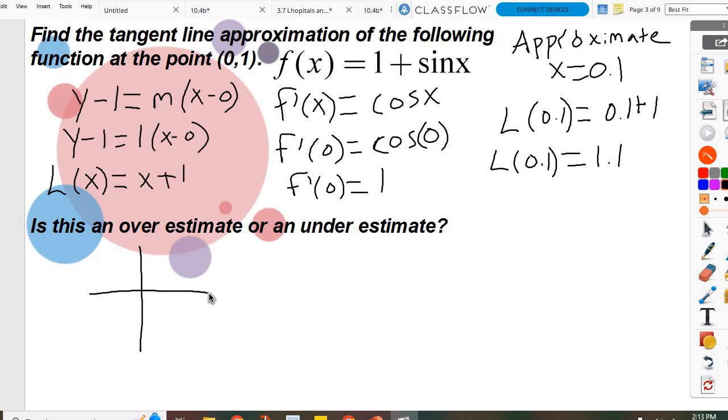So what does the graph of 1 plus sine of x look like? Normally sine is what at 0? 0. So now we will have moved up 1. And then does sine start by increasing or decreasing after 0? Increasing.